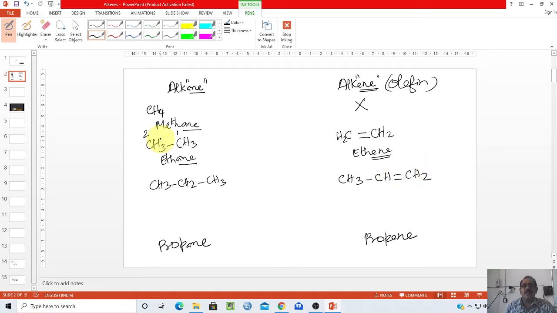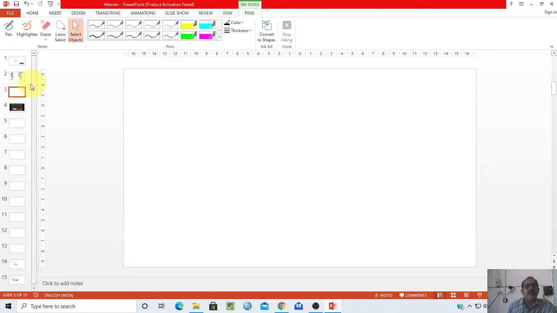You can see the elimination of one hydrogen from the first carbon and one hydrogen from the second carbon, which forms propene. Also we can have the line diagram like this. So this is for propane and this is for propene. Now we'll go to a little higher series.